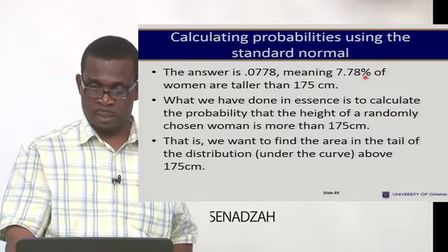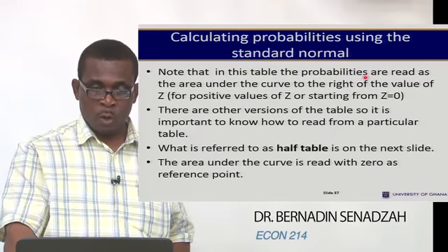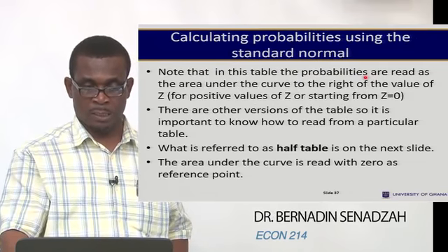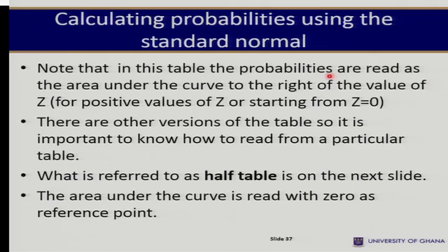Another way to pose the question is to say: what is the probability that the height of a randomly chosen woman is above 175 centimeters?